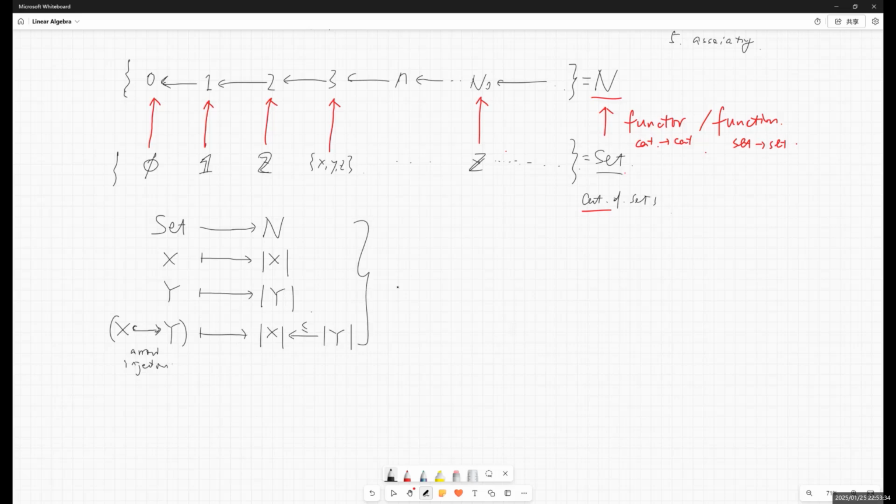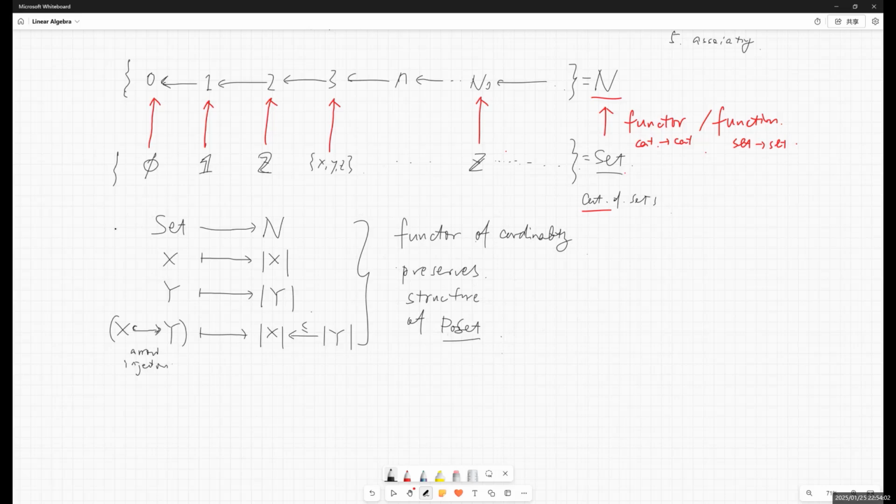So here we see that this functor, we call it the functor of cardinality, preserves the structure of partially ordered sets.